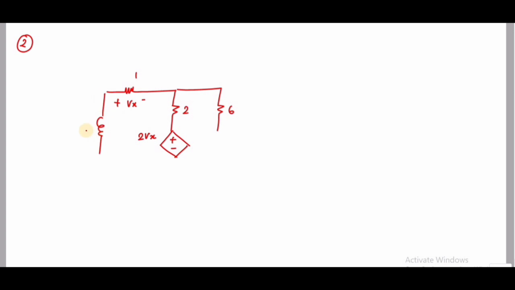So here also you have to replace the inductor by its equivalent in order to find, first we need to find the I. And they are asked to find the value of I and Vx.